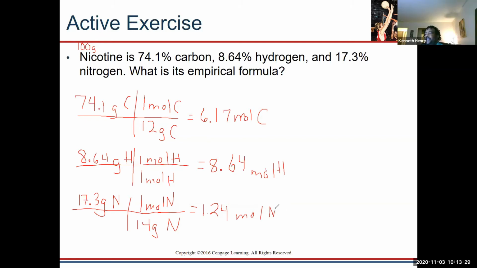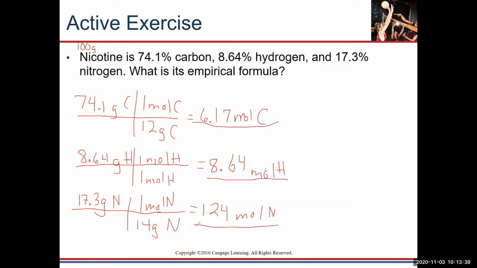Okay, what's my next step? Divide by the smallest. Okay, who's the smallest? Nitrogen, 1.24.